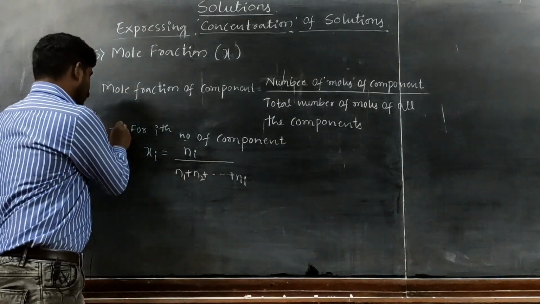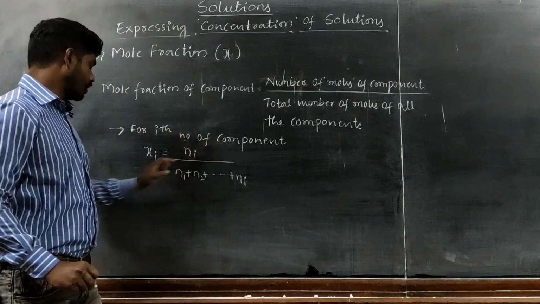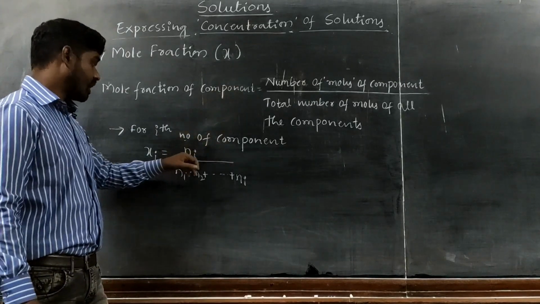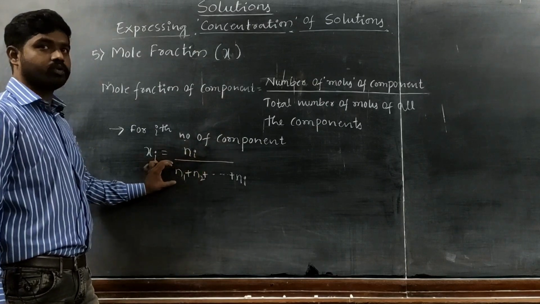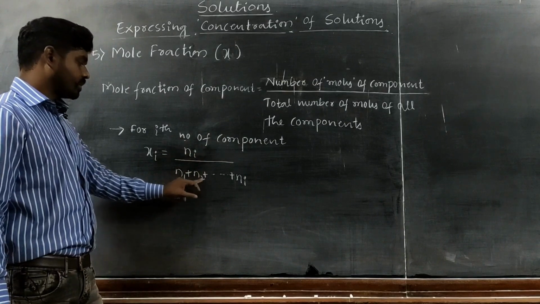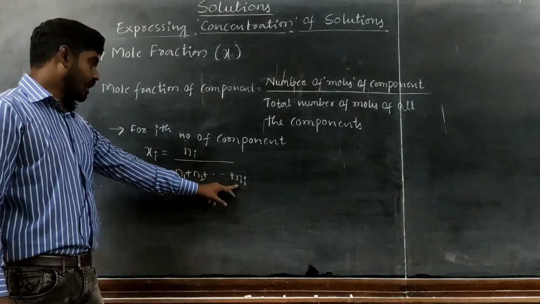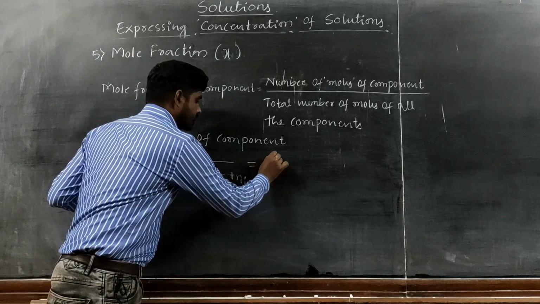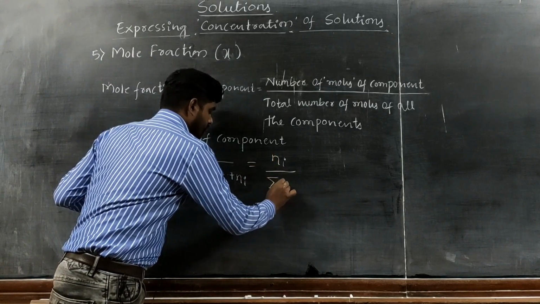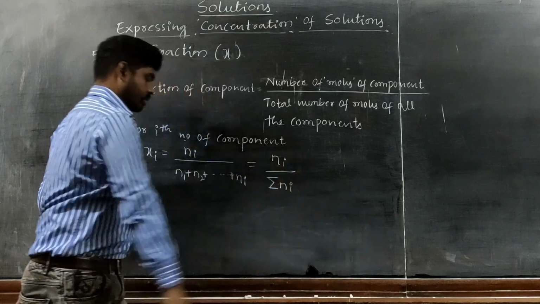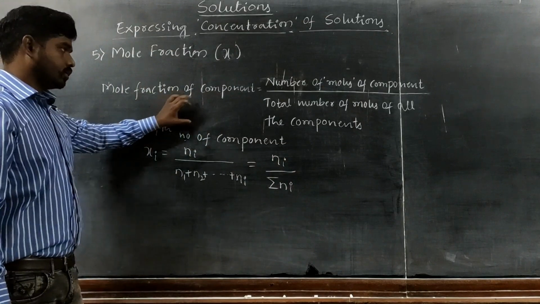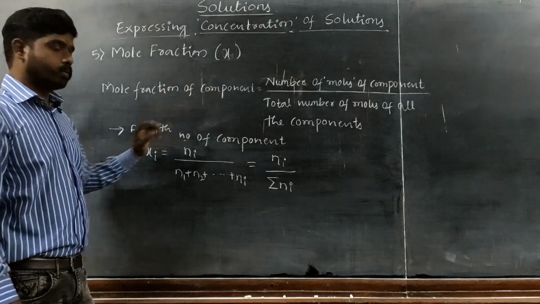Suppose you consider the ith component, then xi i is equal to Ni, that is the number of moles of i component divided by total number of moles of all the components. Let us assume i number of components are present, so N1 plus N2, and so on up to Ni. So this can also be written as Ni divided by the summation of Ni over all components.